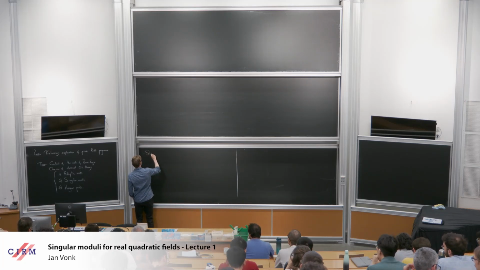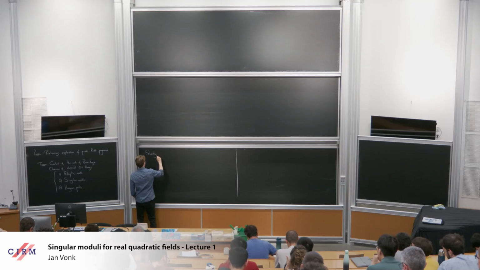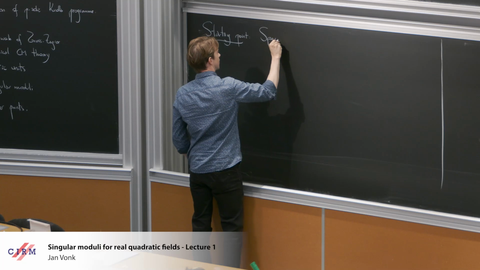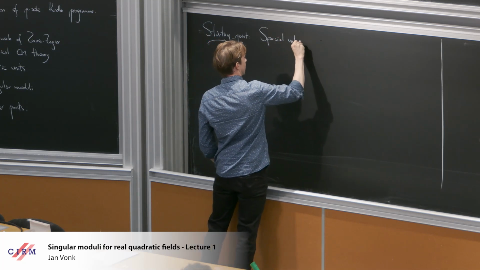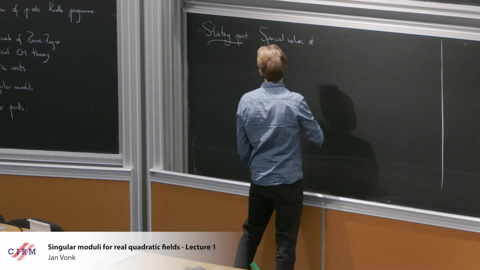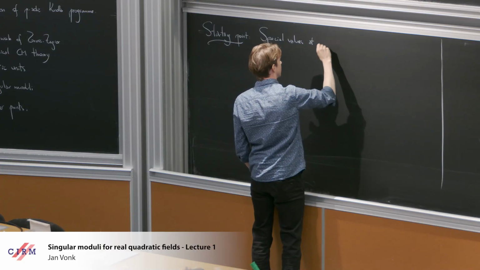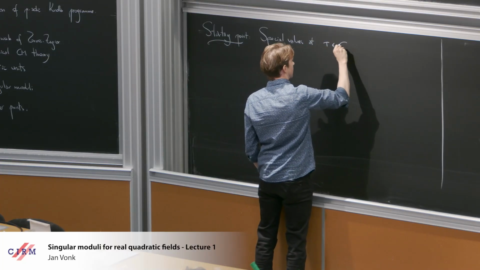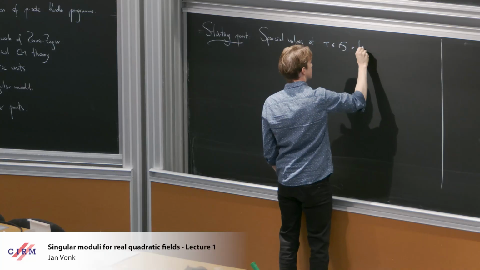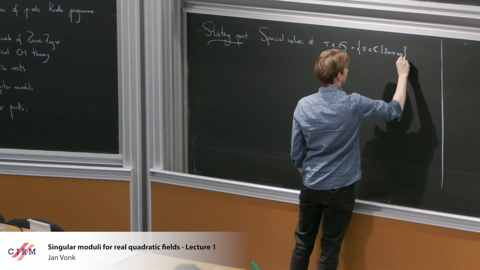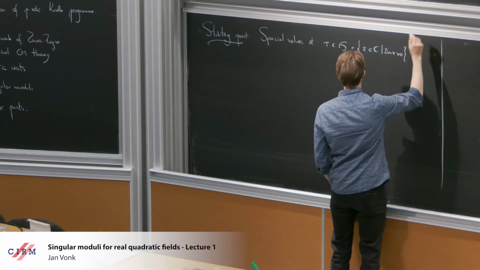All right, so the starting point will be special values at points that belong to the upper half plane and that are imaginary quadratic.